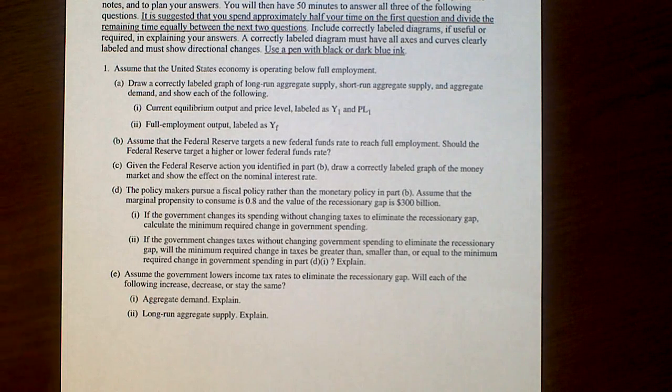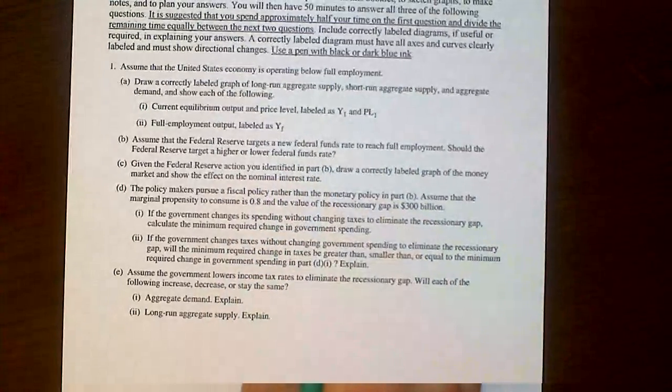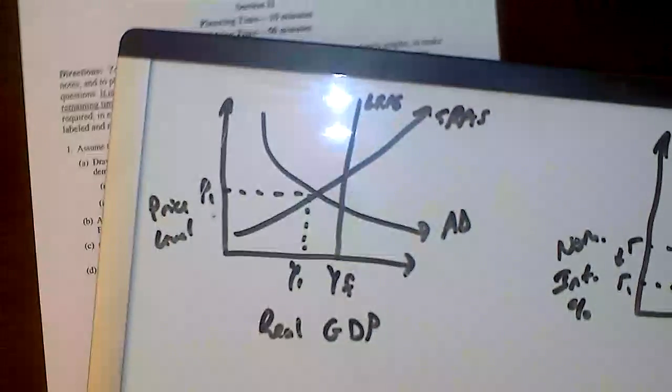So it says that we're supposed to assume that the United States economy is operating below full employment. Below full employment is a way of saying we are in a recession. So we're supposed to draw a graph of aggregate supply and demand with all the correct labels. Obviously, that's not going to happen this year. But if we drew that graph, it should look like this.